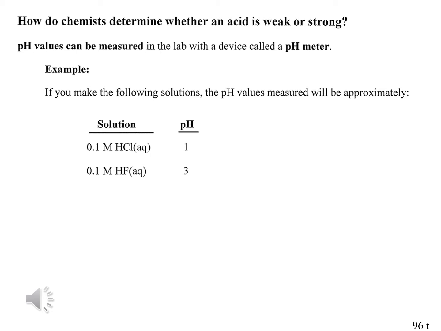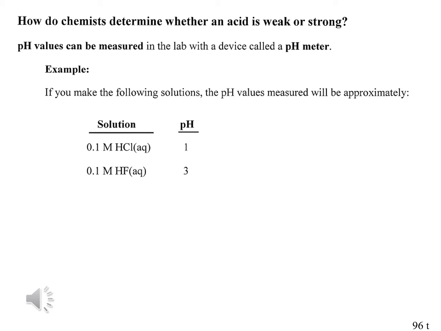And so if you make, for example, a solution that is 0.1 molar in HCl, the pH you measure will be about 1. But if you use the exact same concentration of HF, your pH is going to be 3. The question is, why are they different? Well, HCl is a strong acid and HF is a weak acid.